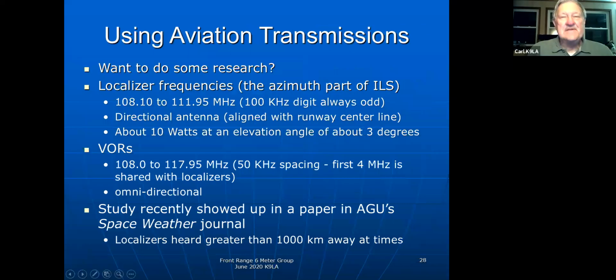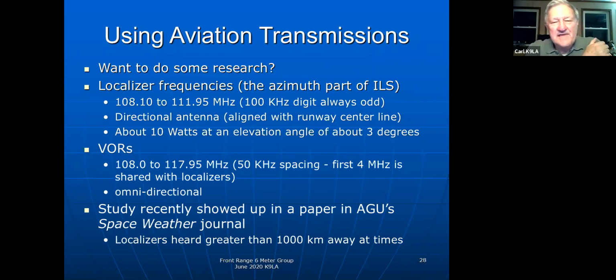Now here's something interesting I was thinking about. Back in my younger days, I was an airplane and instrument flight instructor. I even did some HF mobile in our Cessna 170. If you want to do some research, you can monitor localizer frequencies and also VOR stations. It's above 50 megahertz, so it'd be interesting to see what happens.